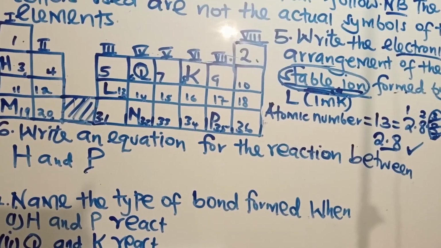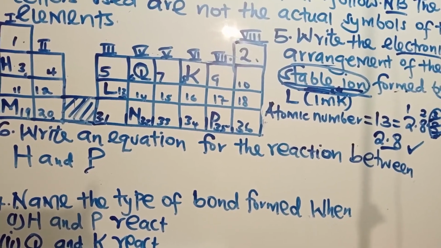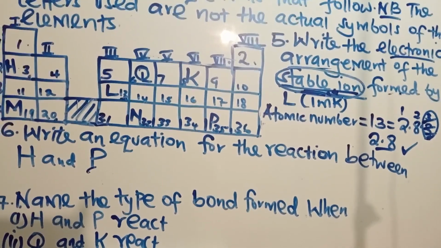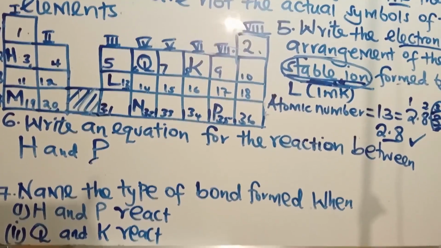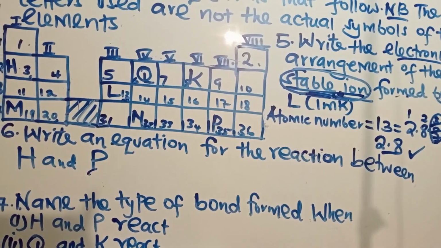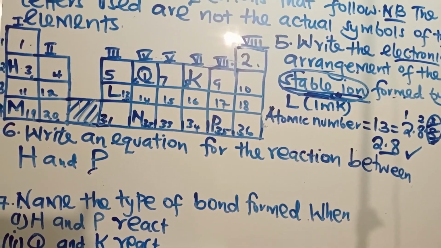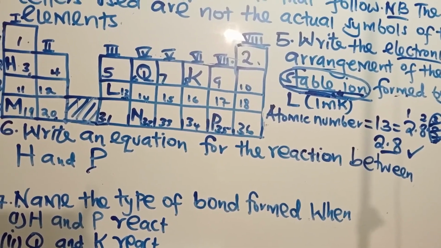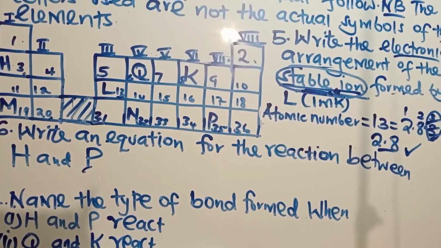So the next question, number 6, is telling us to write an equation for the reaction between H and P. Note that even though the question is not specific to what kind of an equation is required to be written, whenever such a question is provided, a chemical equation is the one that is needed.